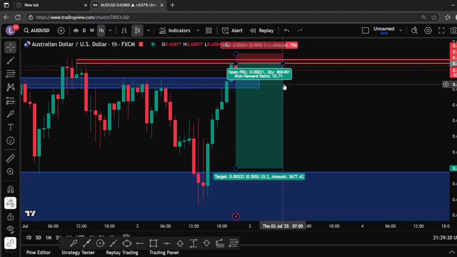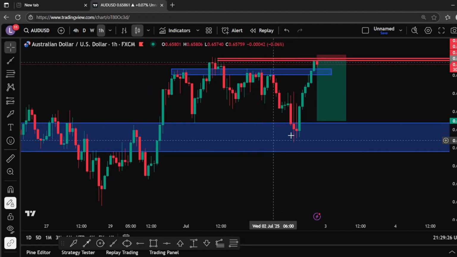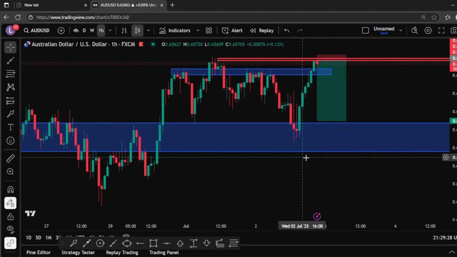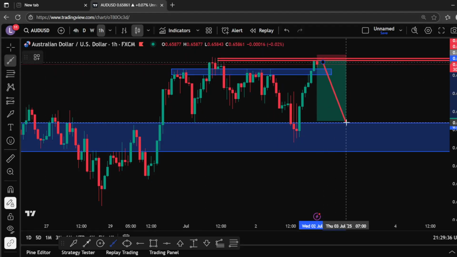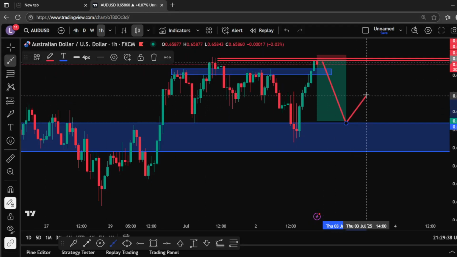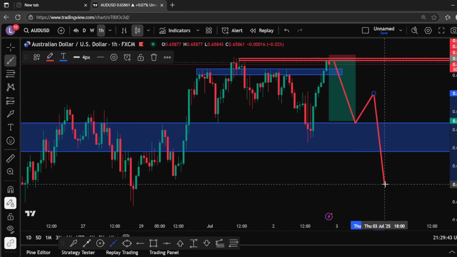Okay, so my take profit is right at this bigger support and resistance level. Okay, so I believe that possibly the market will drop down, yeah, retrace before pushing lower.